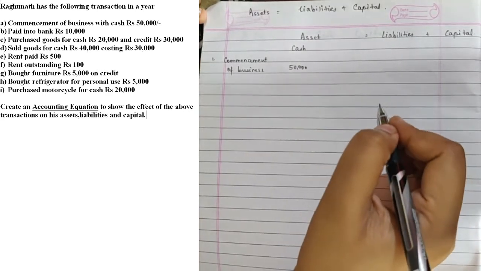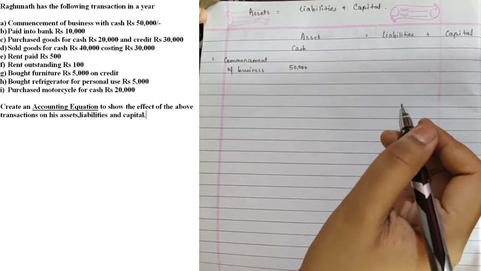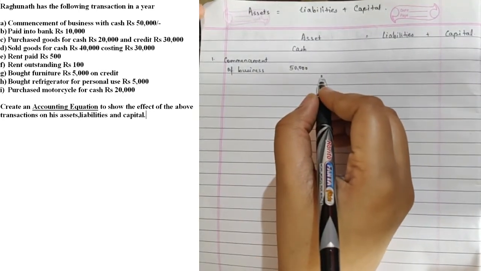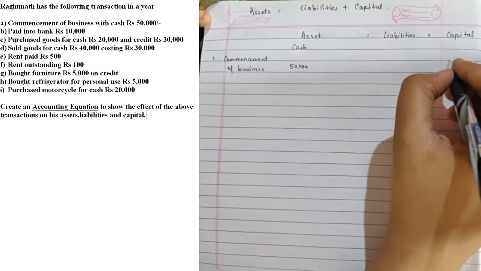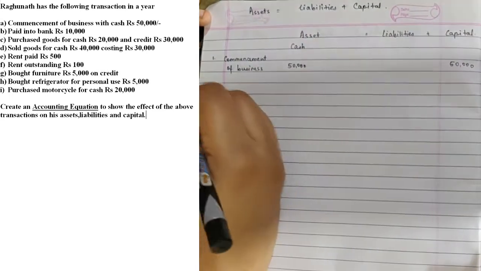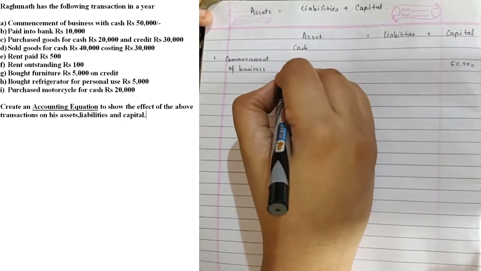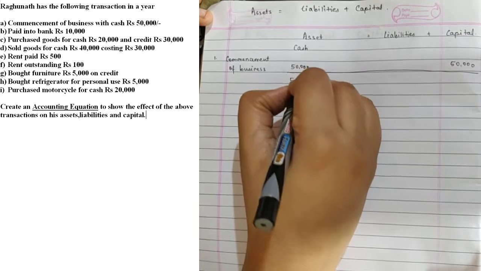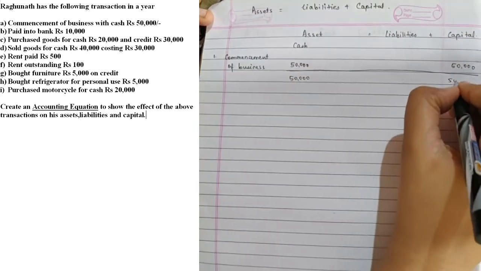Also, since he is the owner of the business and he has brought in the money from his personal pocket, there will be a corresponding increase in the capital. So after this transaction, the total asset is 50,000 cash and 50,000 capital.